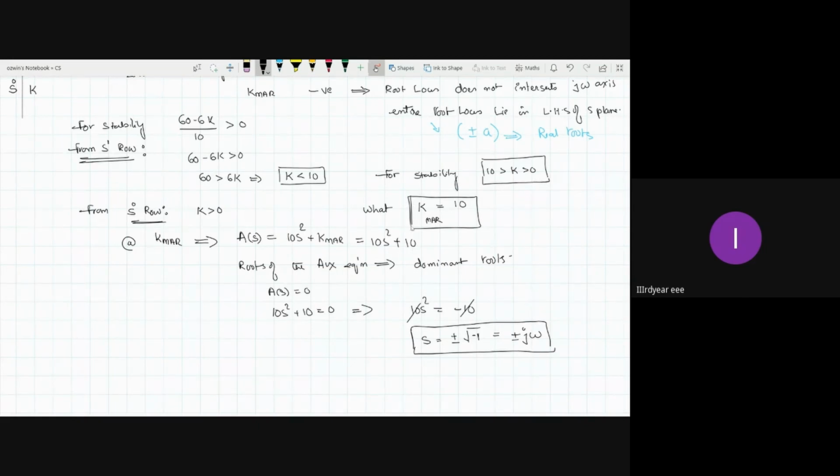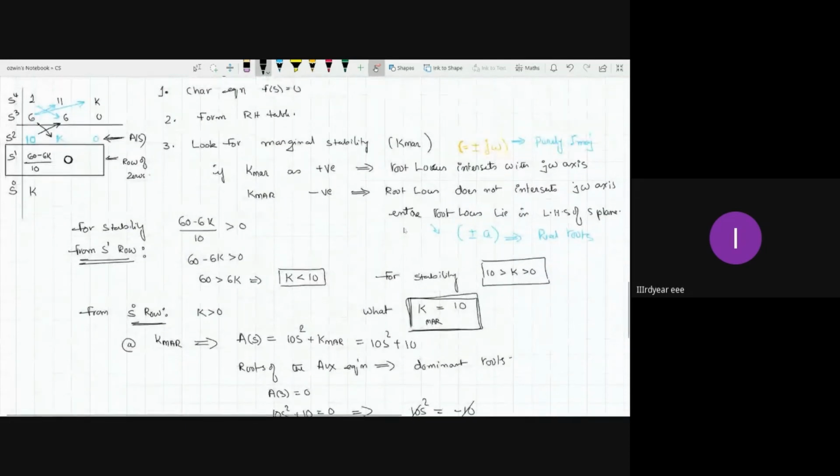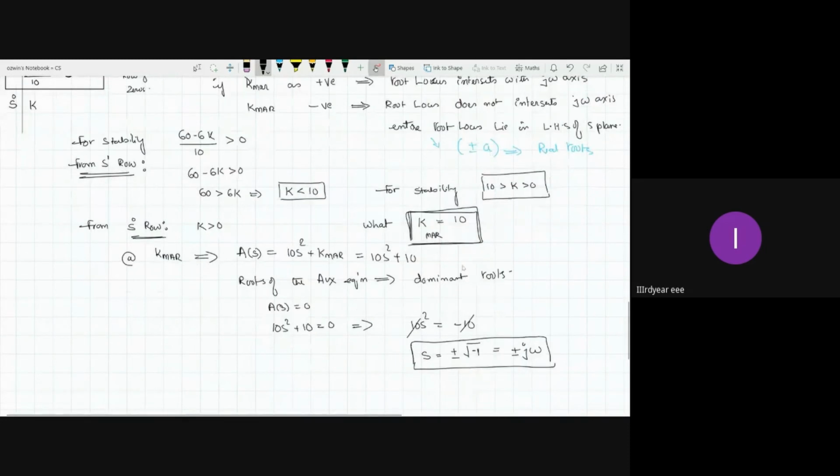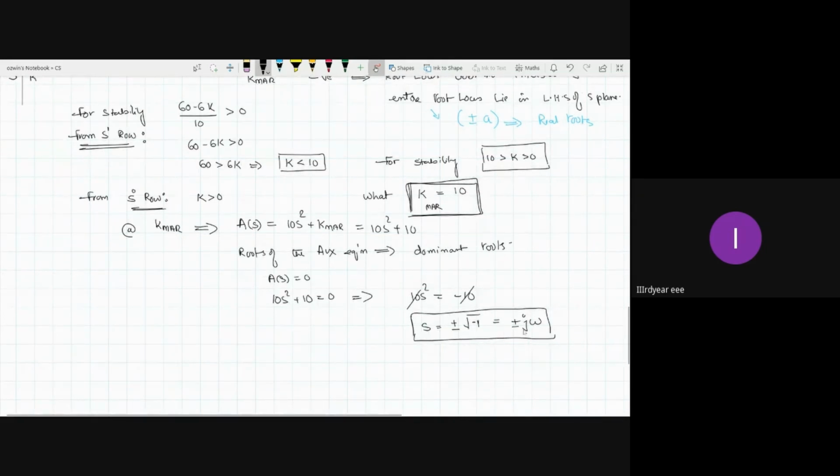You look at this statement. In the beginning, we stated that if k marginal is positive, the root nature is going to be plus or minus j omega. So in this given problem, we have obtained k marginal as positive, and we have obtained the root value as plus or minus j omega. This omega is 1, so we can say plus or minus j.